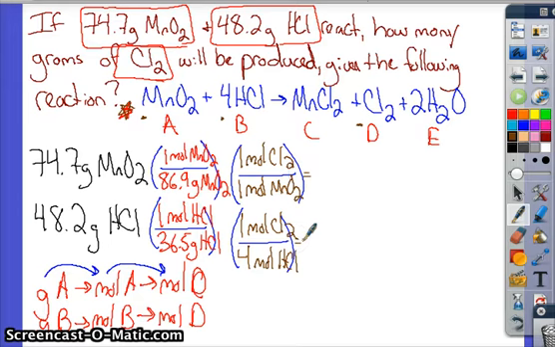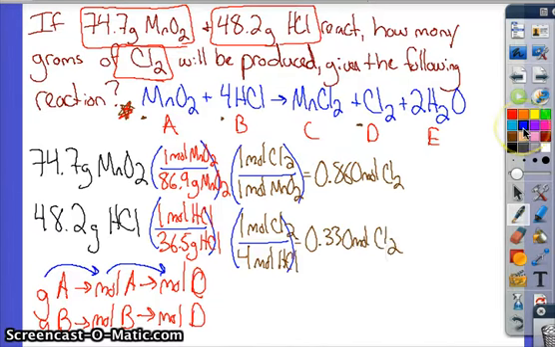We now can determine our mole amounts, and we have 0.860 moles of chlorine produced, and we also have 0.330 moles of chlorine produced. So using this information, if we have 74.7 grams, we will produce 0.860 moles of chlorine.